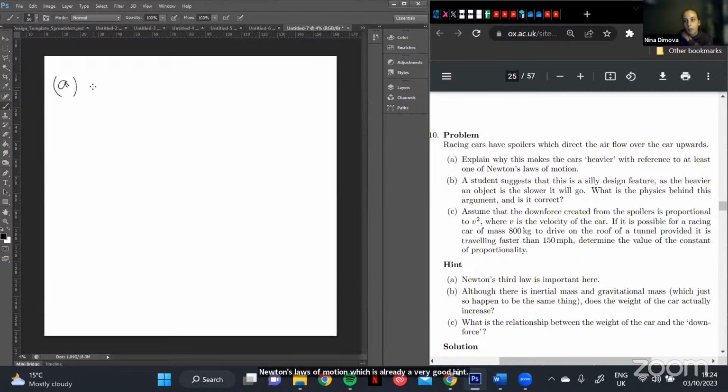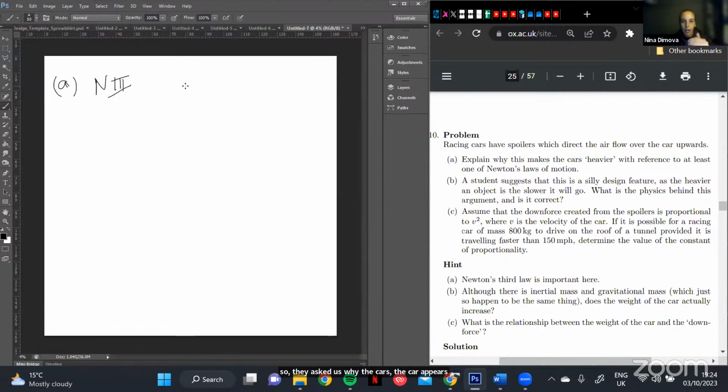Because, as I pointed out, the air is pushed upwards. Newton 3 says that for every action, there is an equal and opposite reaction. So in this case, it's sufficient to write down that when the air is pushed up, the car is pushed down by this motion of the air. And so they ask us why the car appears heavier.